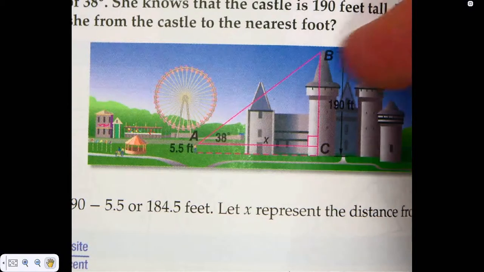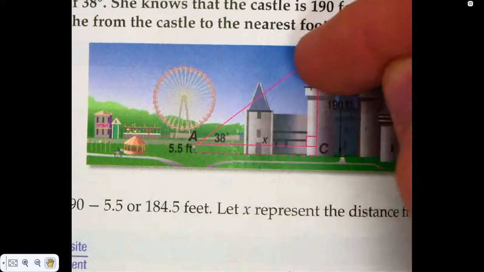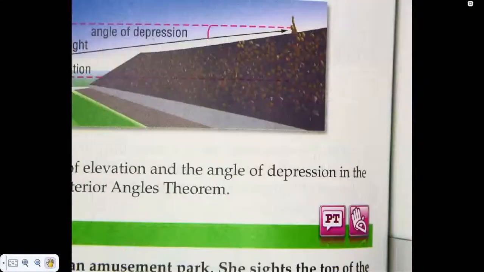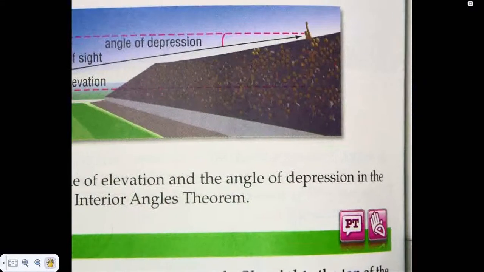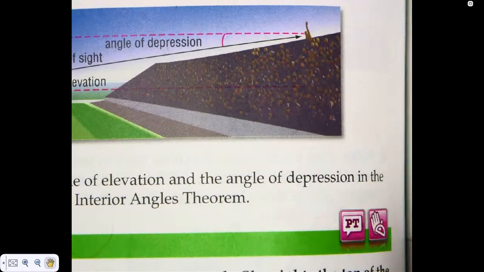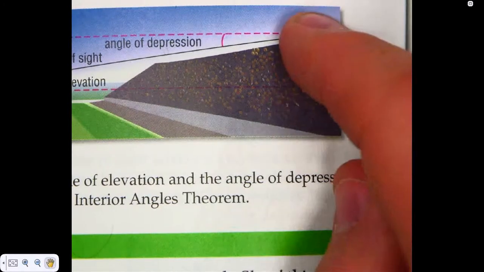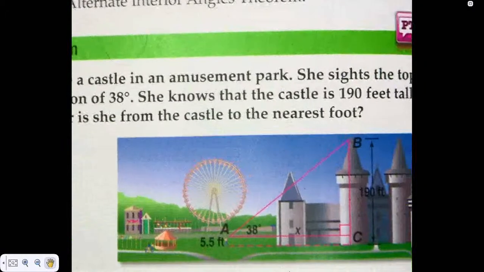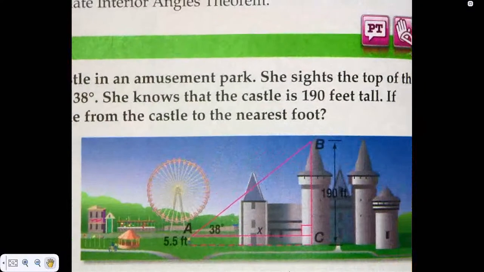If I was up here looking down, as I start wherever I am, this angle right here, just like in this one up here, see how they're looking down? That's an angle of depression, because that's where the angle starts. Okay? So of course what we're going to do is deal with trig functions here.